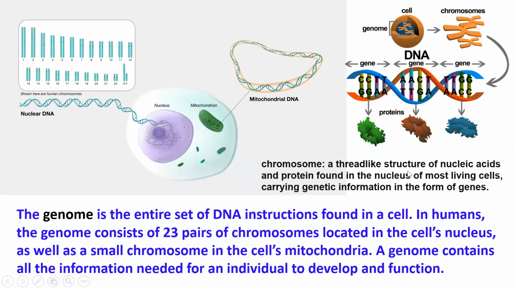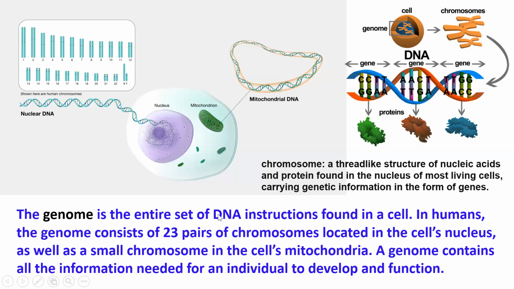So you get the 23 pairs of chromosomes. One set comes from the father and the other set comes from the mother. So each of them contributes 23 chromosomes. Father 23, mother 23.